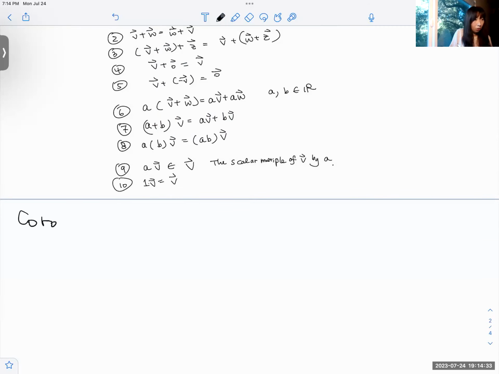We say the corollary: span is a subspace.